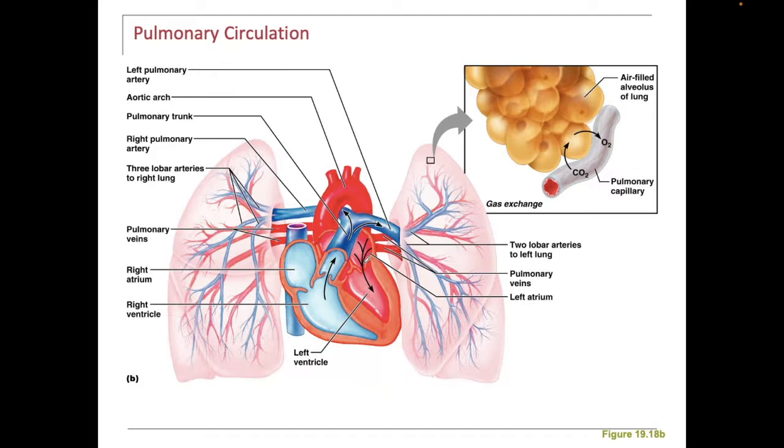This is an important concept from a functional perspective because what is coming into the right atrium and the right ventricle and pumping up into this structure called the pulmonary trunk, which leads into the pulmonary arteries, is all blue because this is carrying deoxygenated blood.